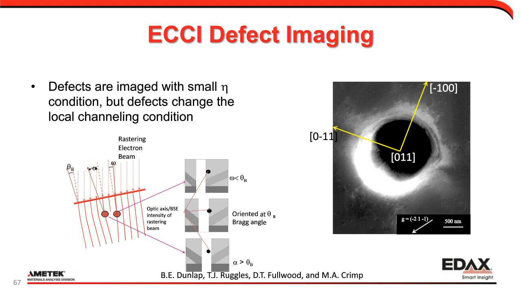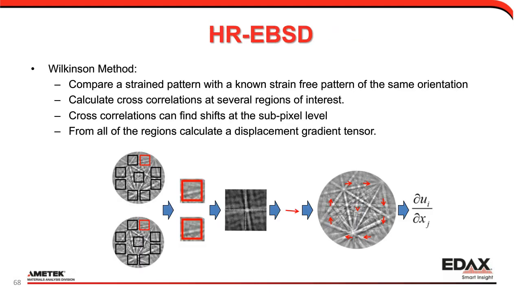And then we can think about doing what's termed HR, or high angular resolution EBSD, which is when we take a pattern, we compare it with a reference pattern or a strain-free pattern of the same orientation. We define different regions of interest. Those are the different blocks that are shown in the patterns there on the left. Within each block, we compare from one pattern to the other through a fast Fourier transform cross correlation.